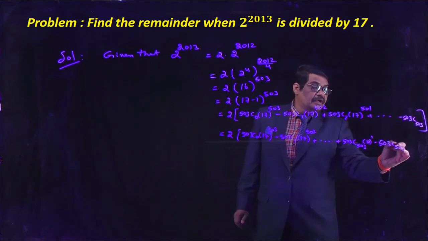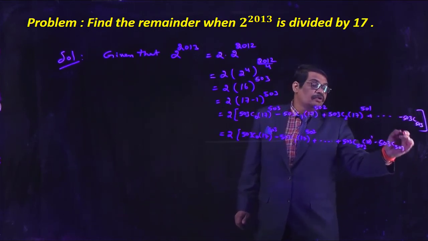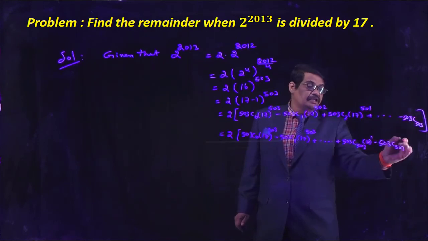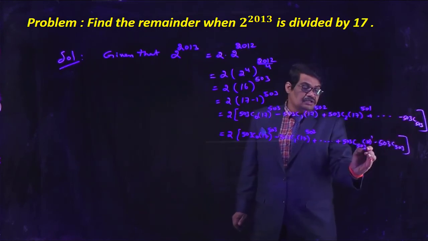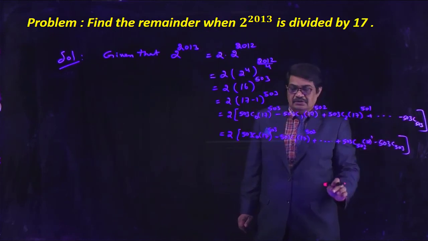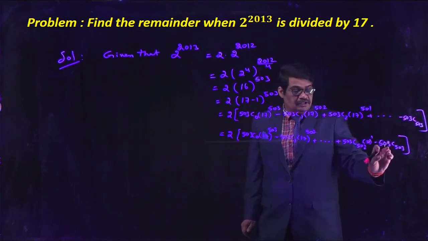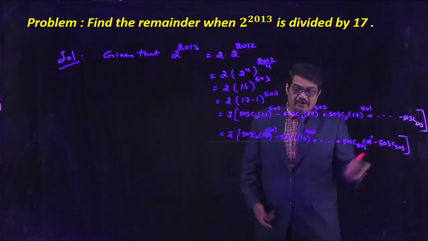Then we get 503 c 503 into minus 1 power 503, that is minus. This value is nothing but n c n. So what is the value of this one?